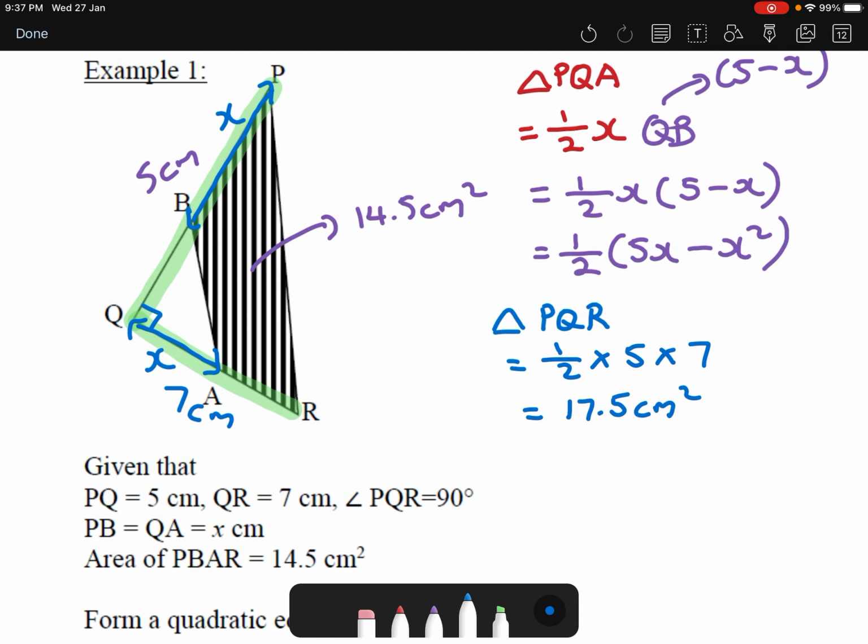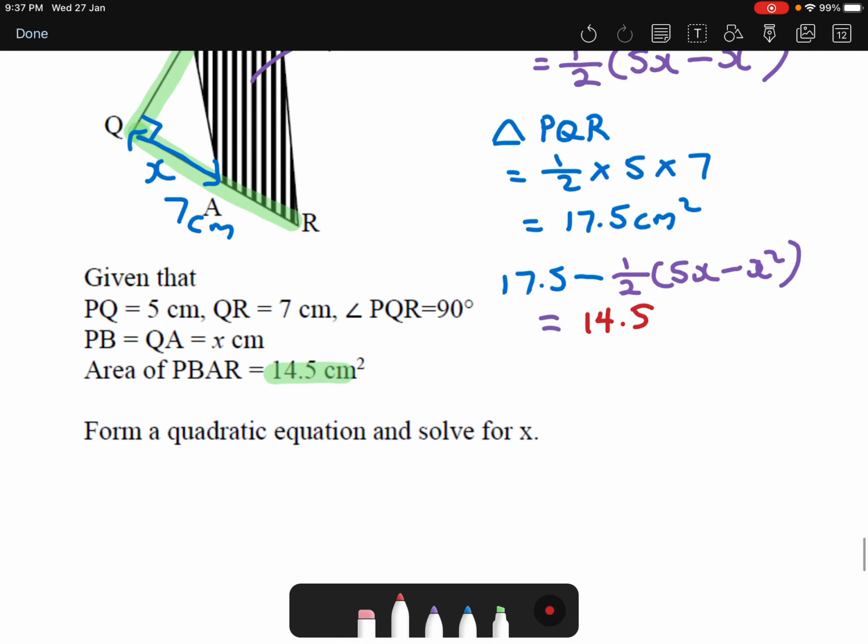So just 17.5 minus away the small triangle area, which is half of 5x minus x squared. This gives us the area of the shaded region, 14.5. So this equation is coming already.